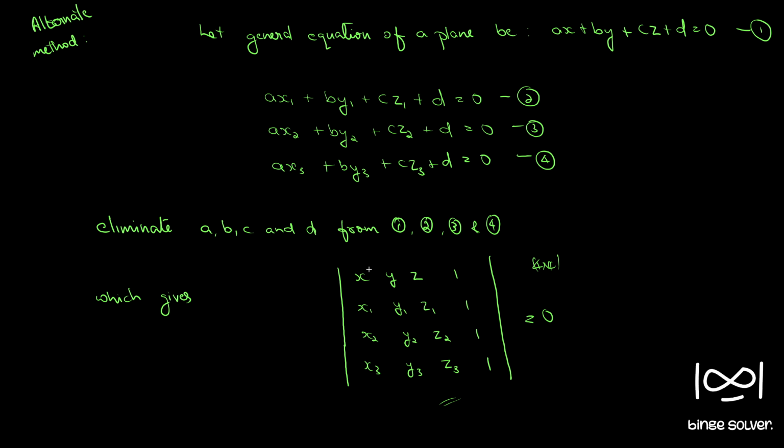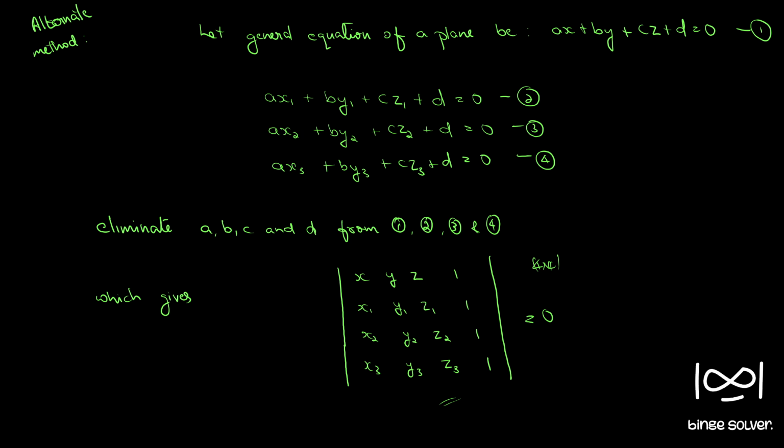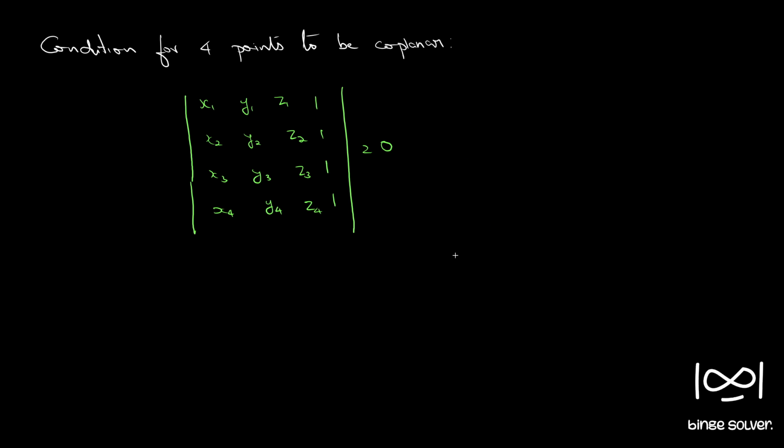Since we already found the equation of a plane passing through these 3 points, we can use this idea to discuss another concept, which is the condition for 4 points to be coplanar.